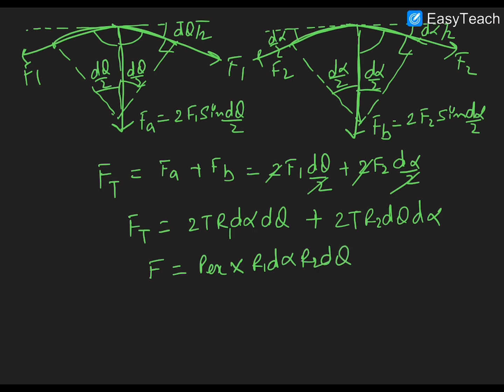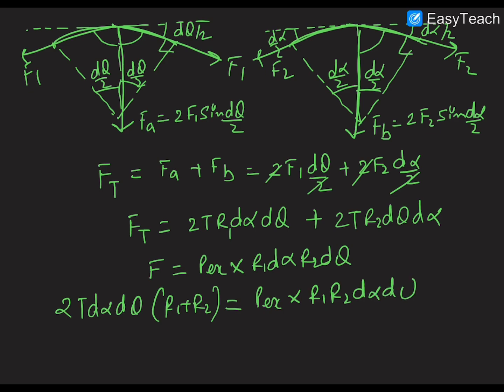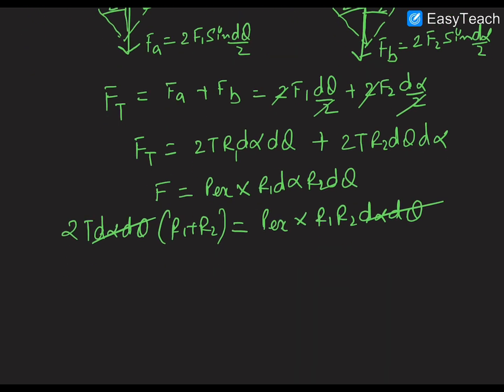This force is balanced by F total, so 2T d alpha d theta (R1 plus R2) is equal to P excess into R1 R2 d alpha d theta. Cancelling d alpha d theta, P excess is equal to 2T into (1 by R1 plus 1 by R2).